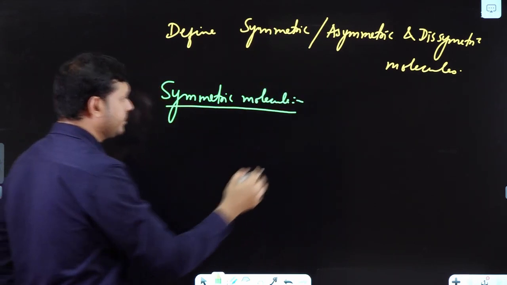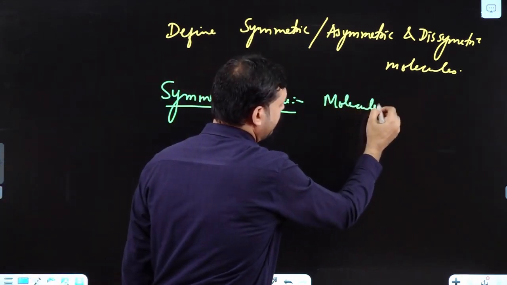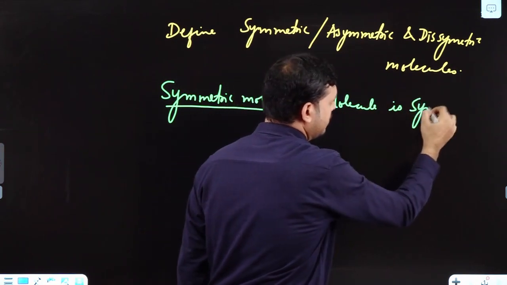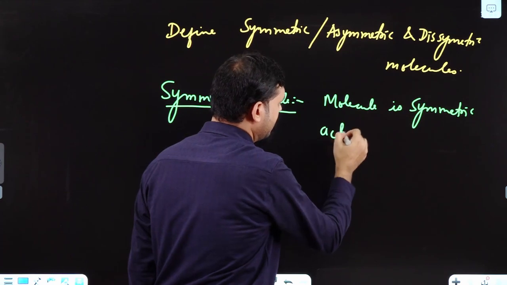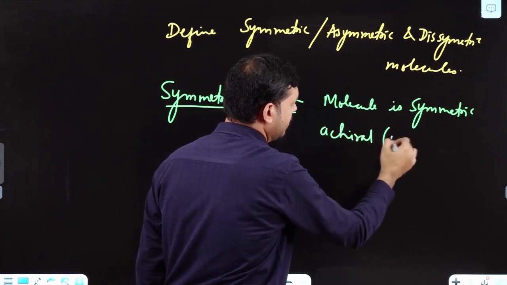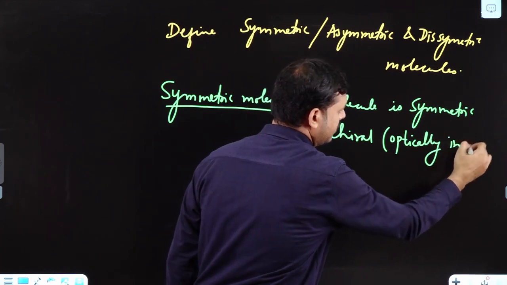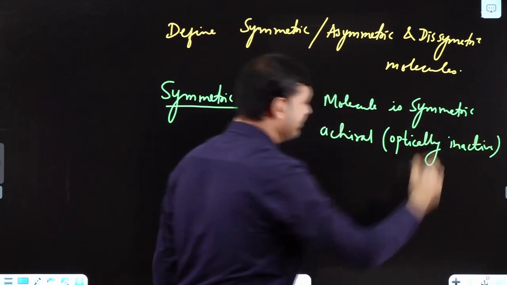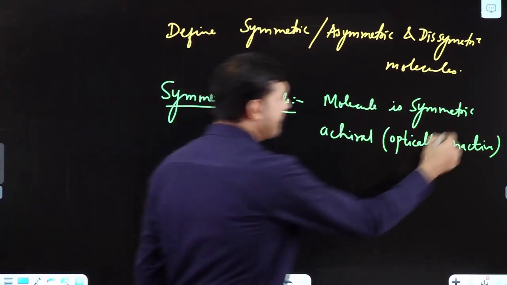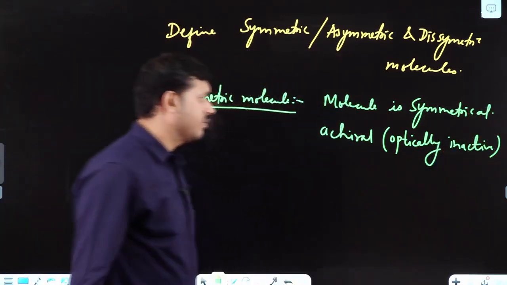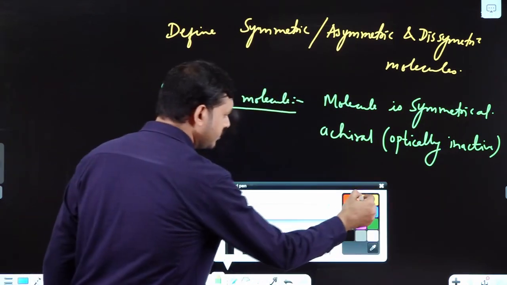Symmetric molecule means molecule is symmetrical, achiral, optically inactive. Clear to you? If the molecule is symmetrical, symmetrical means achiral, done, symmetric molecule.